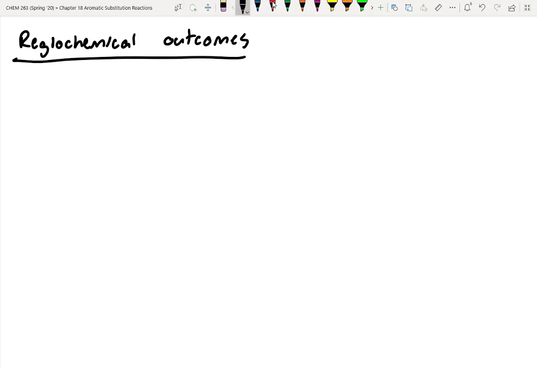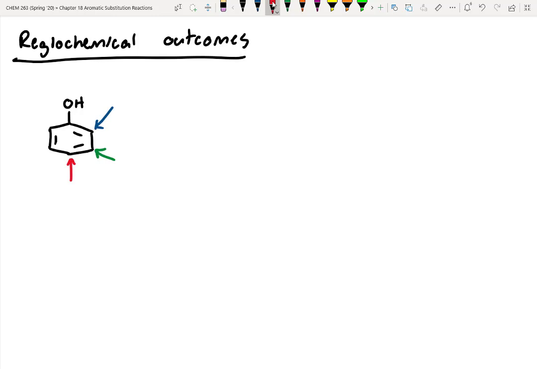So let's briefly take a look at this. I'm just going to use one of our strong activators, phenol. And my question is, will the electrophile attack here? Will it attack here? Or will it attack here?